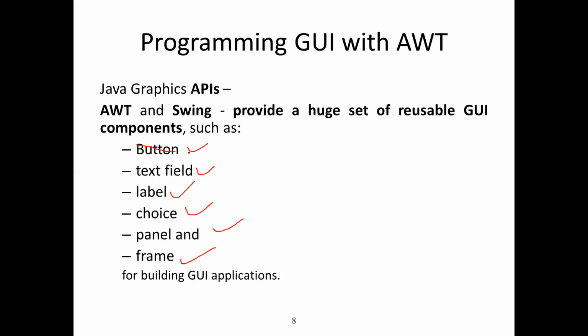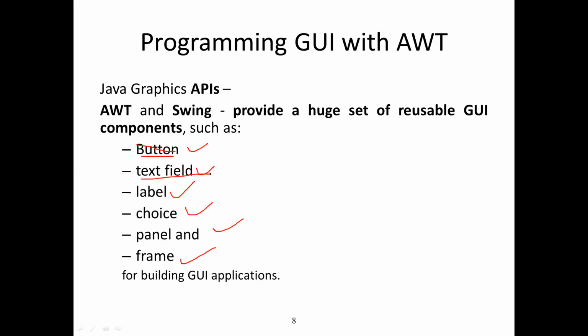So why is this button used? This button is used in the visual window or abstract windowing toolkit window so that on click of that button, something has to happen. To give that kind of look and feel, the button is used.